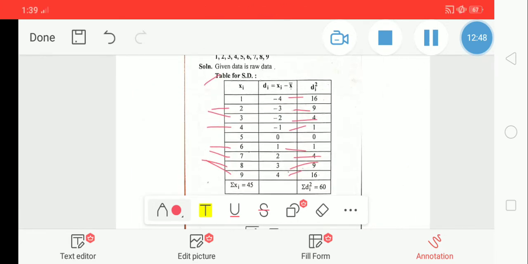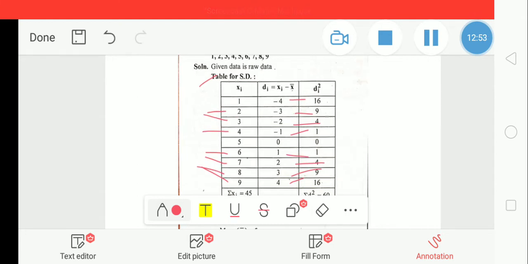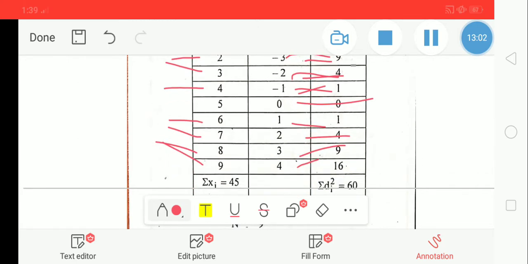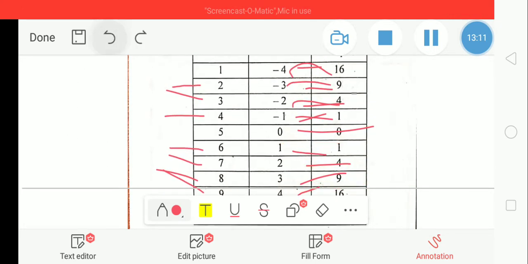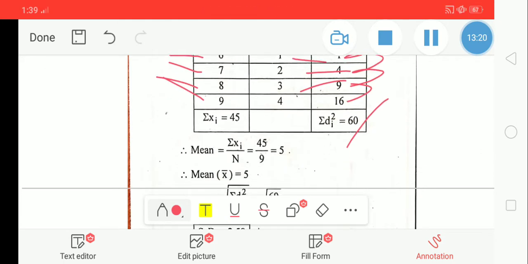This is d. Now we need di square. Minus 4 squared is 16, 3 squared is 9, 2 squared is 4, 1 squared is 1, 0 squared is 0, then 1, 4, 9 and 16. So take the summation of di square: 16 plus 9 plus 4 plus 1 plus 0 plus 1 plus 4 plus 9 plus 16, that is 60.